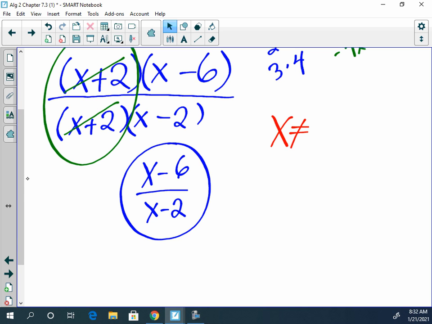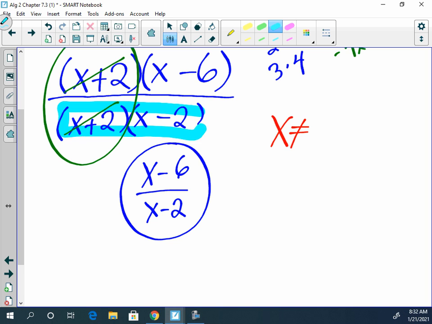This is as simplified as it gets. Now, x cannot be any value that's going to make the denominator 0. Now, we don't look at what we finished with, what's simplified. We look at what we start with.